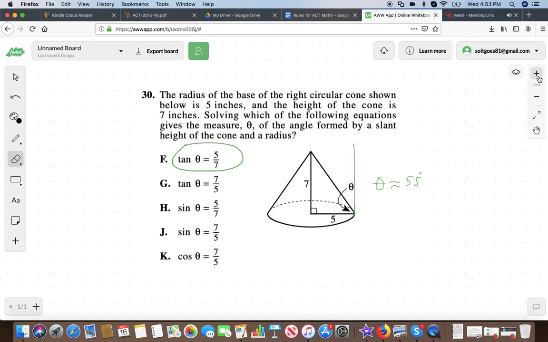Does that make sense? So I don't like that. Let's try the tangent of theta. Oh, wait, that's the same thing. We already did that. We said it was 1.4.